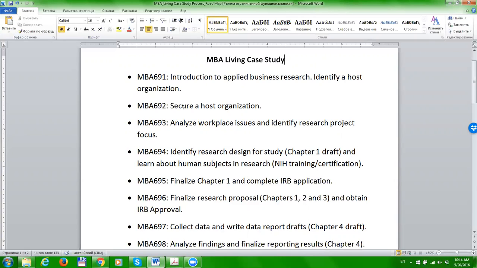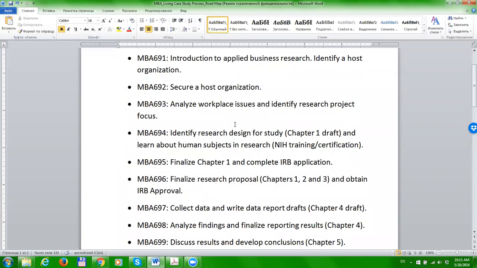So it is your responsibility to maintain your relationship with your host organization to keep it active for your entire Living Case Study project, which is 18 months.